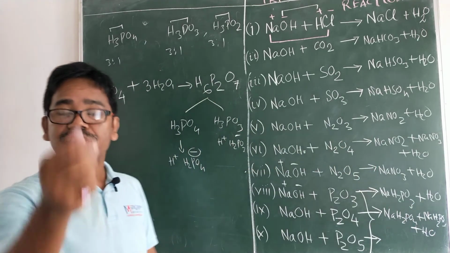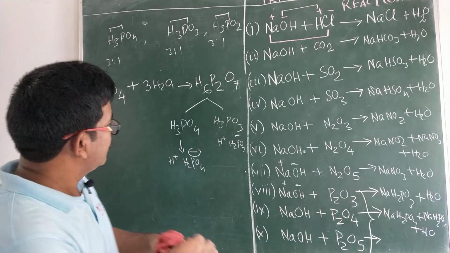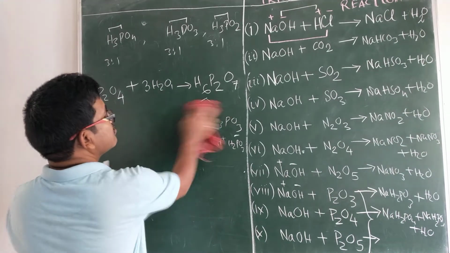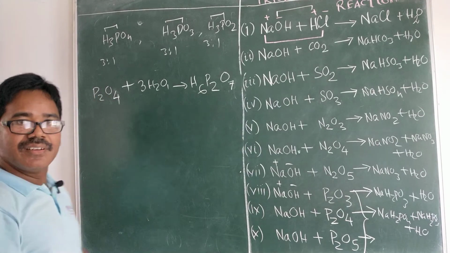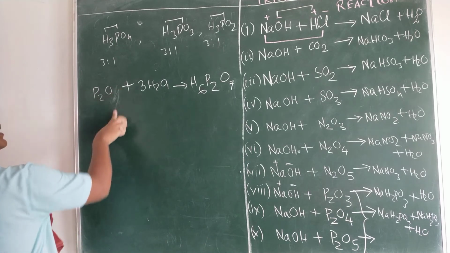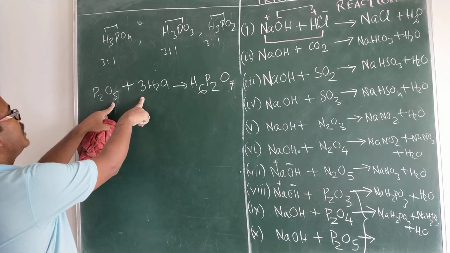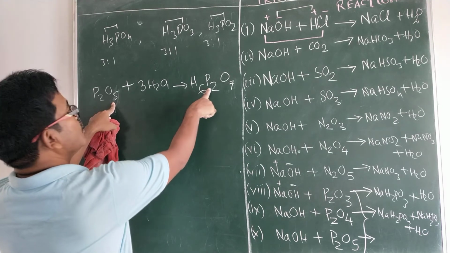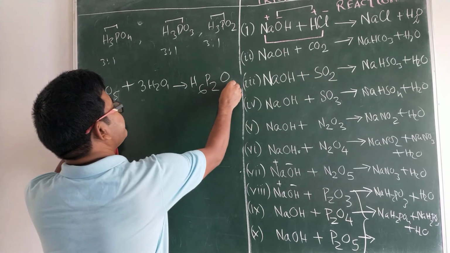Similarly, you can solve the last reaction. You try on your own. I hope you got the answer. Let me show you the final products. P2O5, again 3 water molecules. Therefore we get 6 hydrogen, 2 phosphorus, and 5 plus 3, 8 oxygen.